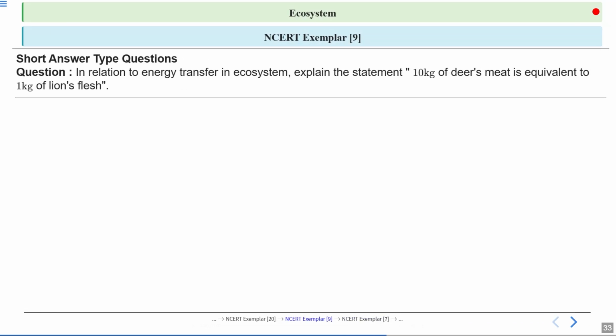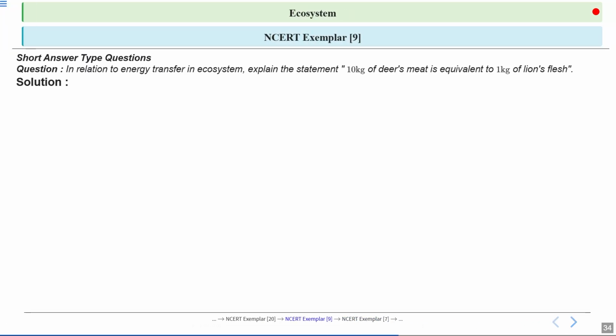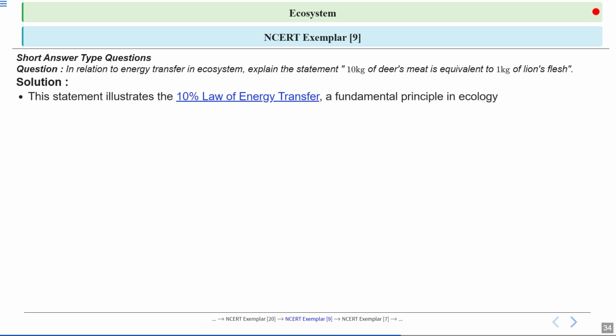Next question is, in relation to energy transfer in ecosystem, explain the statement 10 kg of deer's meat is equivalent to 1 kg of lion's flesh. Let's have a look at the answer. Okay, so this statement illustrates the 10% law of energy transfer, a fundamental principle in ecology.